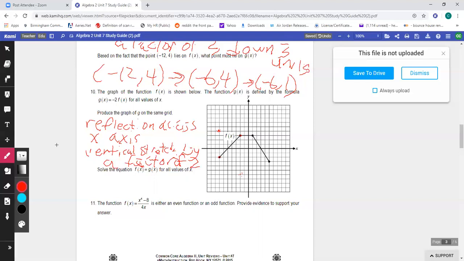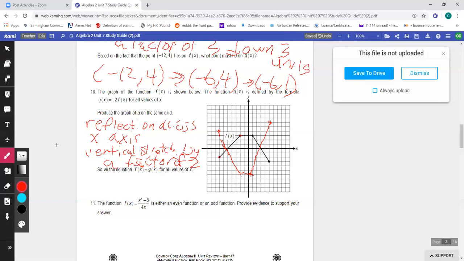And then this one over here is going to become here. And then the one located at 5, negative 3 is now located at 5, positive 6. And now we just connect those points. And that's your graph.